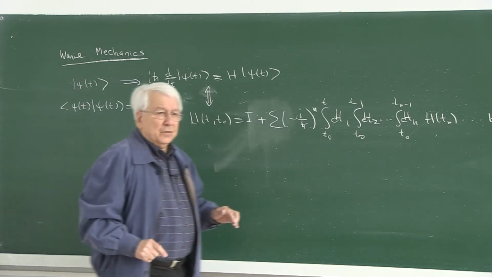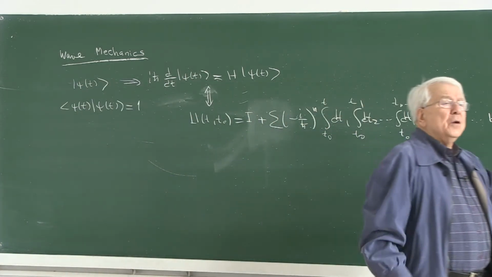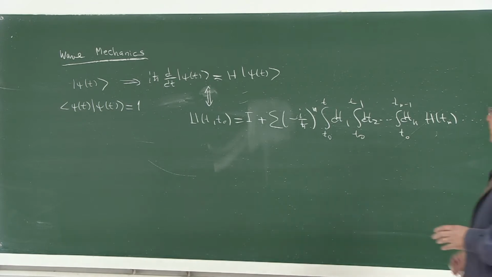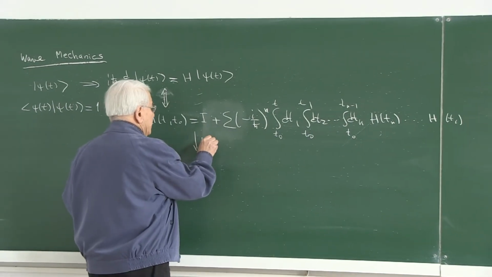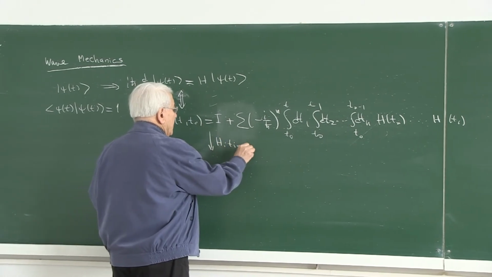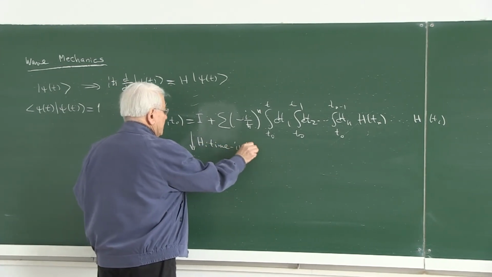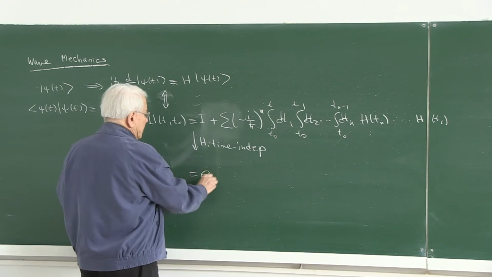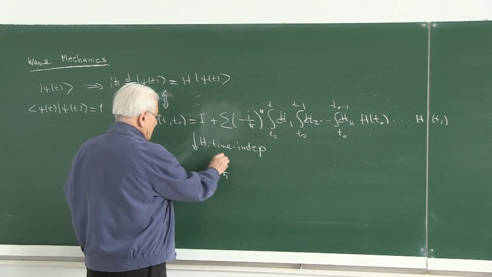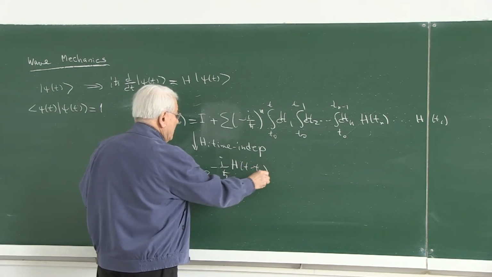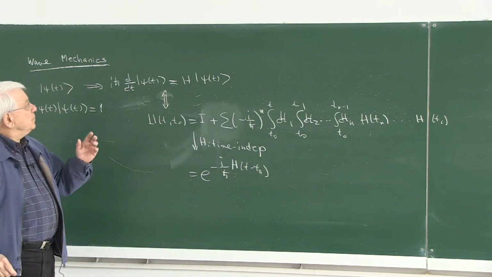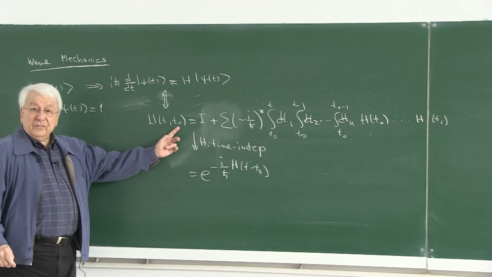Well, there are, of course, special cases when H is time independent, then you can integrate this. H time independent, then this expression becomes, well, of course, let's interpret this.